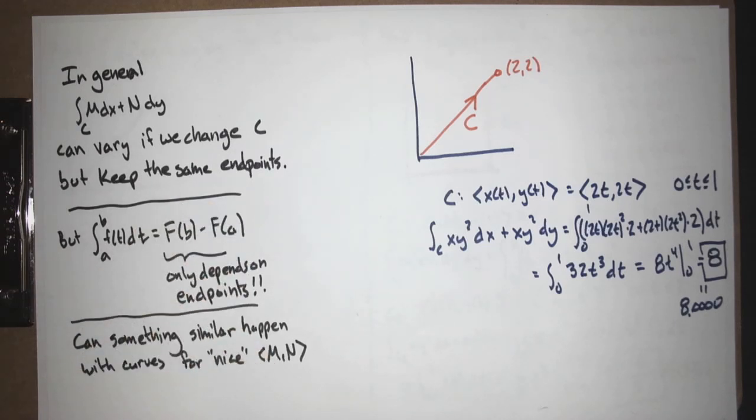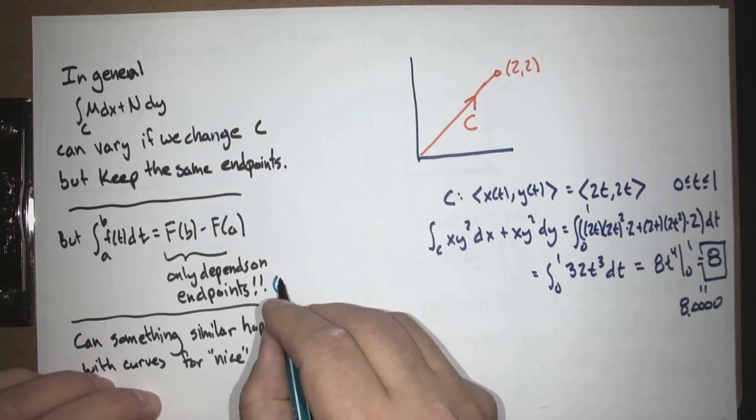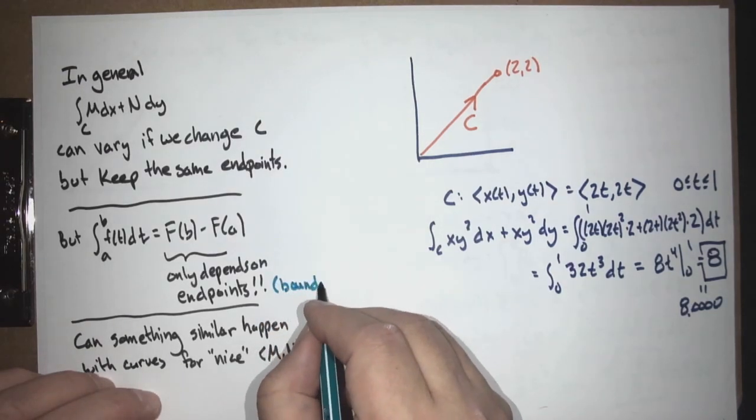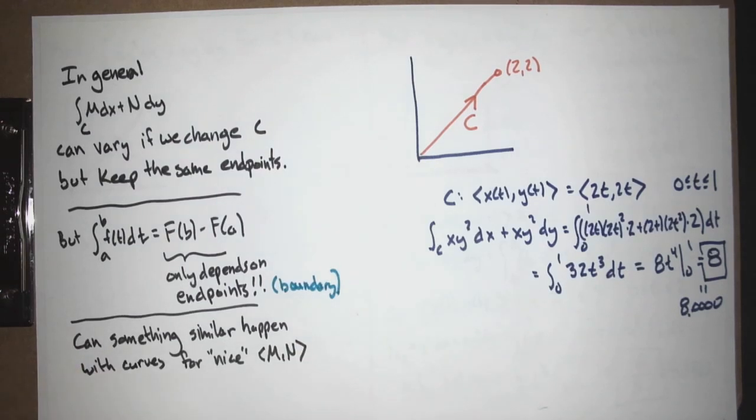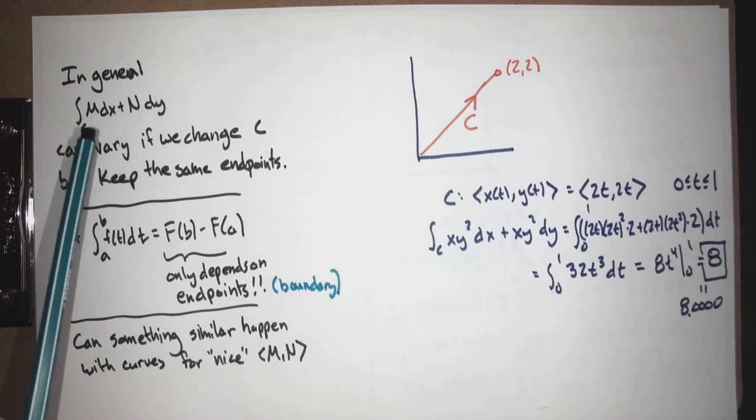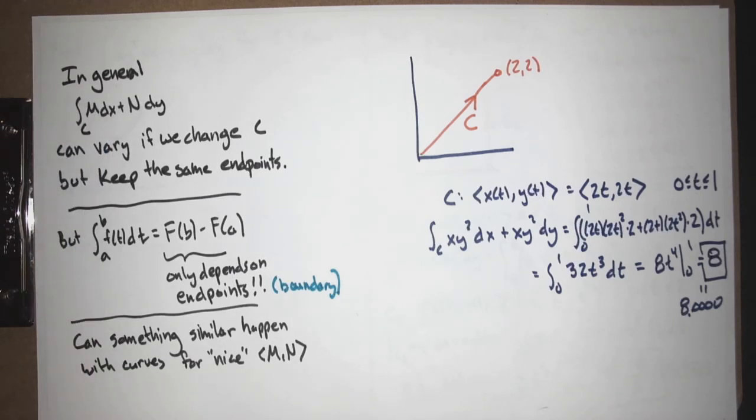And if we want to get really fancy and start using language, which is going to show up, we'd say it only depends on the boundary, what's going on at the ends. And so we see now that's not going to be true in general. But wouldn't it be nice if it were for at least some cases?